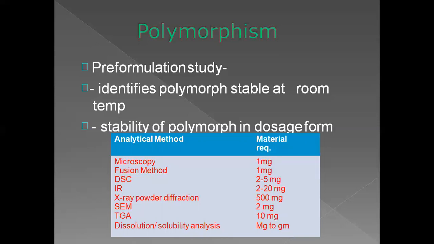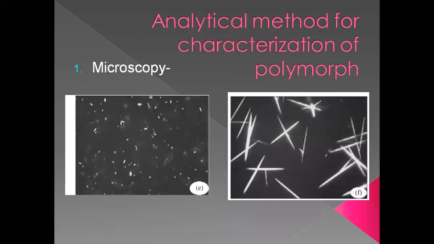For fusion, it is 1 mg. DSC requires 2 to 5 mg. IR, infrared, is 2 to 20 mg. X-ray needs 500 mg minimum. SEM is 2 mg. For TGA, we need a sample of 10 mg. And for dissolution or solubility analysis, it is from a mg to a gram.